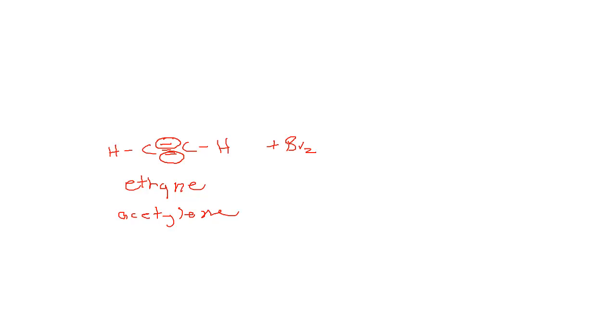So instead of adding just 2 bromines, you're going to add 4 bromines. So bromine's going to attach to the carbon here and here, and then on this carbon, the same thing. And so that's your product.